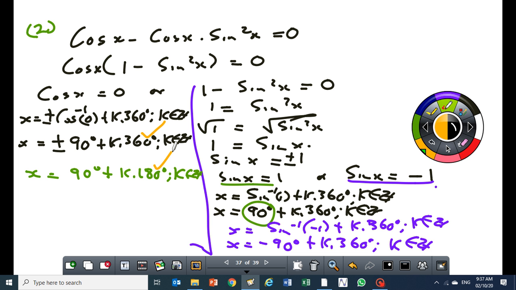Now, just to summarize our solutions, we have got these two plus that. The good thing is that these two also accommodate that one and this one here. Let me indicate it for you. So if you write this and that one, then you have determined all the values of x that will make the identity undefined.